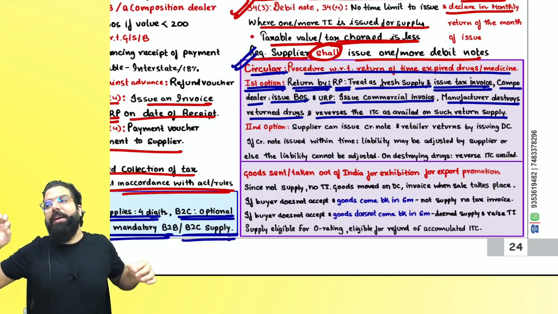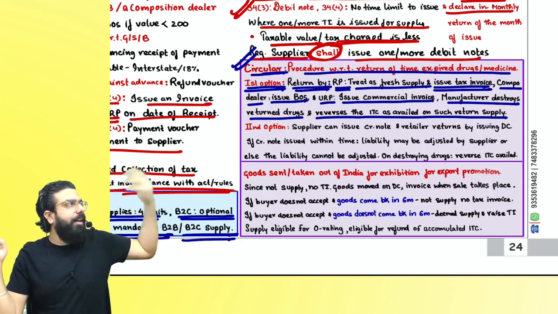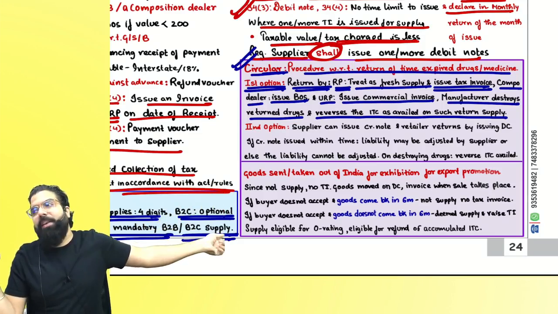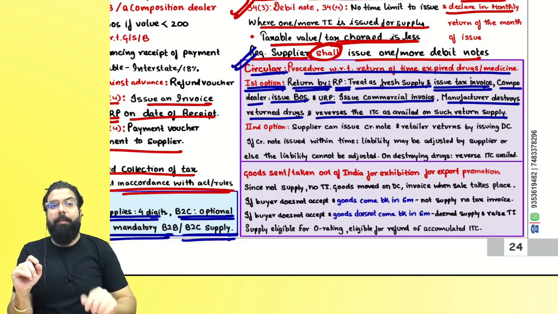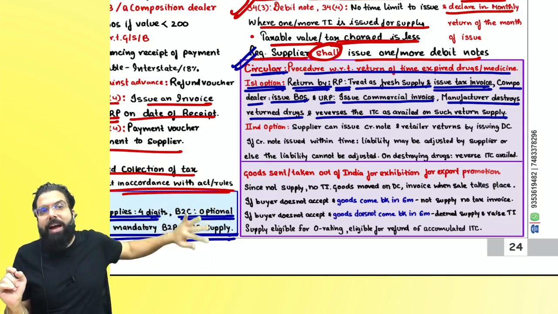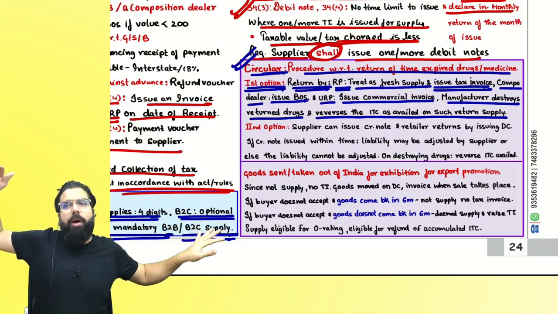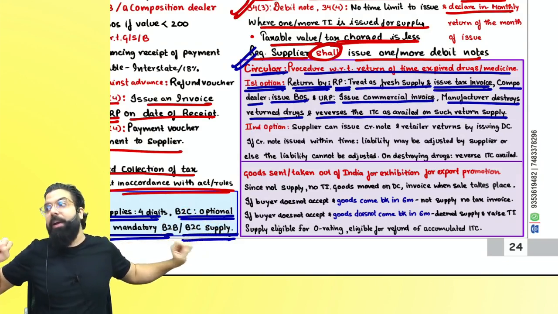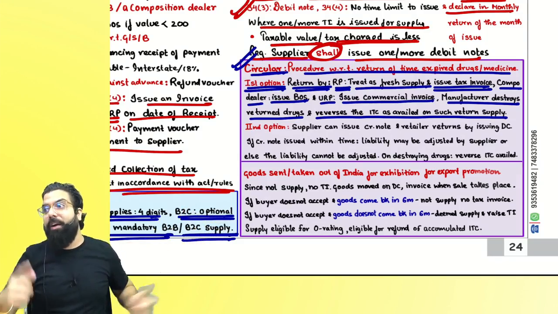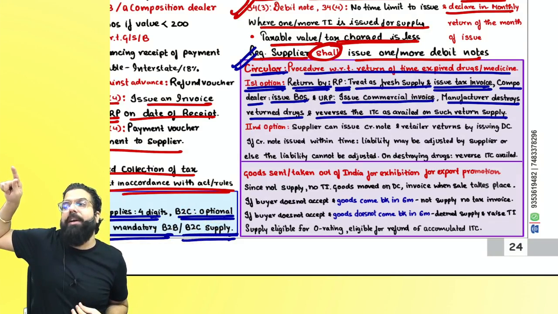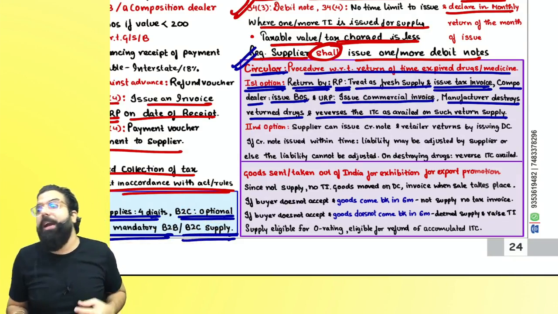But sir, I went ahead and bought powder, I made medicine, gave the medicines to him. Now medicine expired and it came back within time. So sir, when it comes back within time, I will go ahead and give a credit note and government will give an adjustment in my liability. Now in this scenario, when I destroy the drugs, the original ITC which I had gone ahead and taken on the powder will also be destroyed.